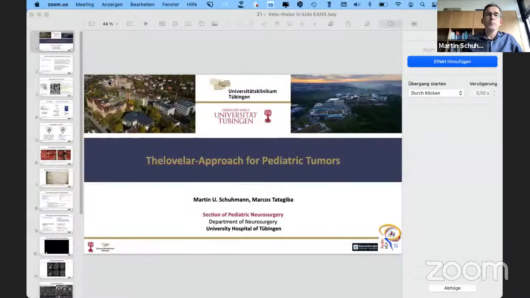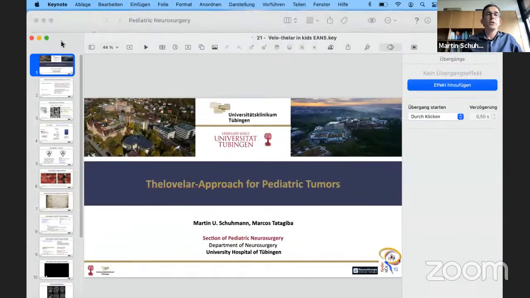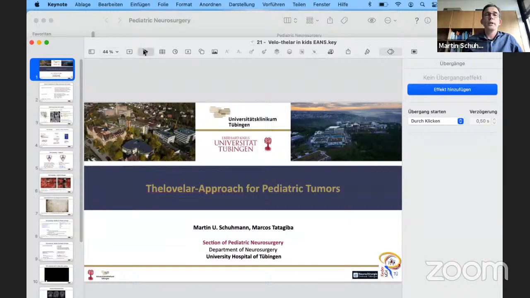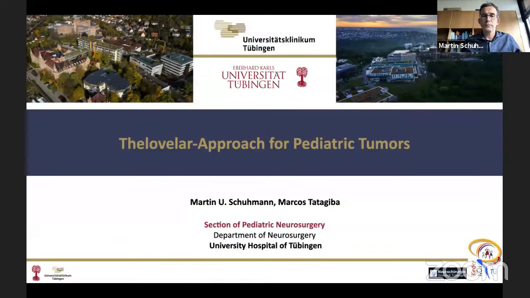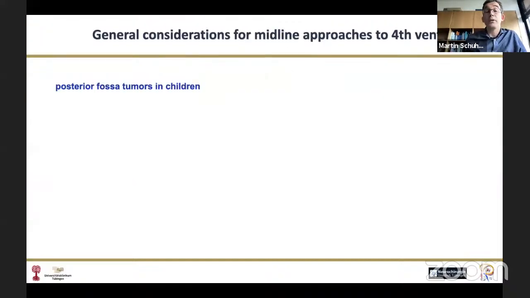Okay, thank you very much for the invitation to give the pediatric perspective on posterior fossa tumors. So I hope you can see my presentation now. Yes, perfect. Okay, good. So thank you again for inviting me as a pediatric neurosurgeon to talk about the pediatric tumors, because as you well know, posterior fossa tumors in children are very frequent.